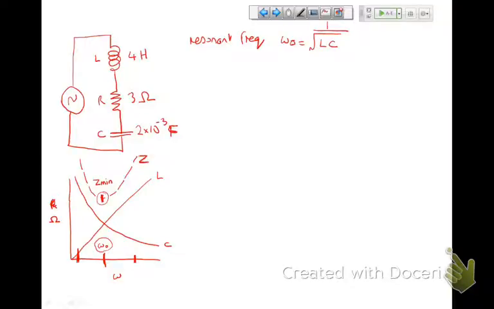Good, thank you. So in this case, I can say my natural frequency is equal to 1 over the square root of L, which is 4, times my C, which is 2 times 10 to the minus 3, which equals 1 over the square root of 8 times 10 to the minus 3.